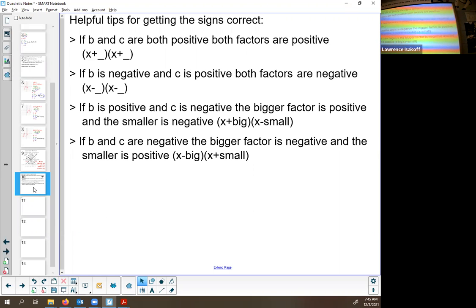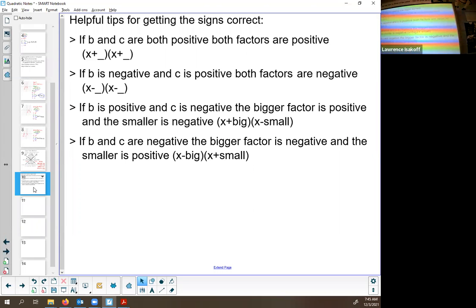Now, if B is negative and C is positive, it's going to end up being x minus and x minus. The reason it ends up that way is because a negative times a negative gives you that positive C value. But when we add two negatives together, it remains negative.